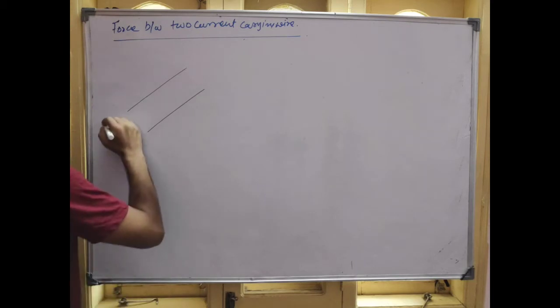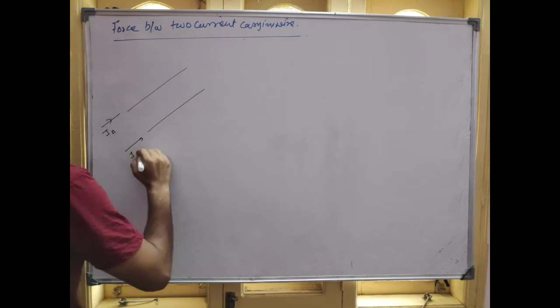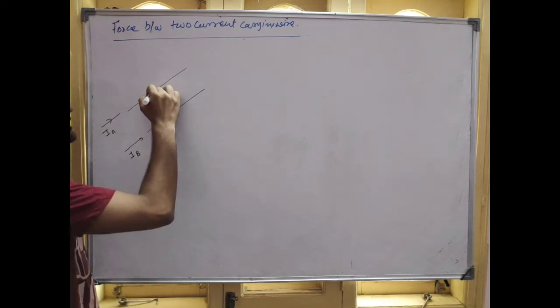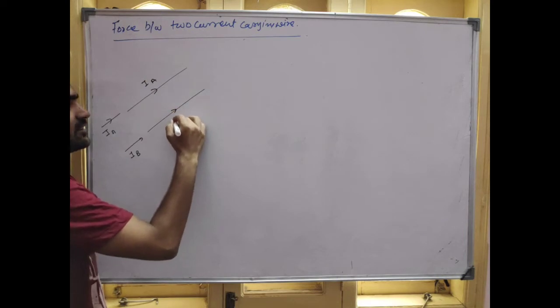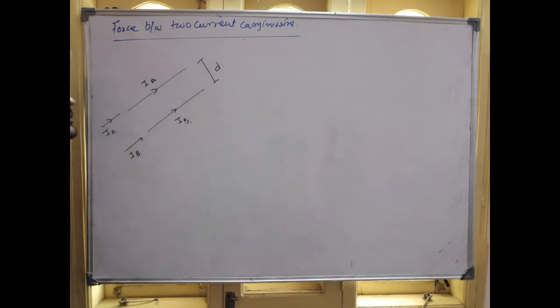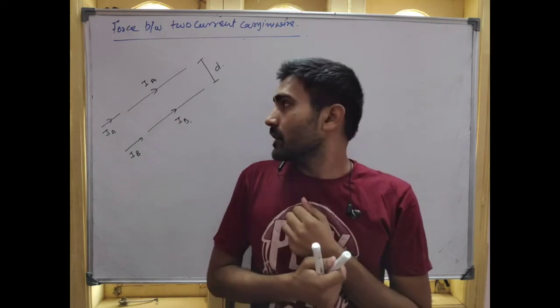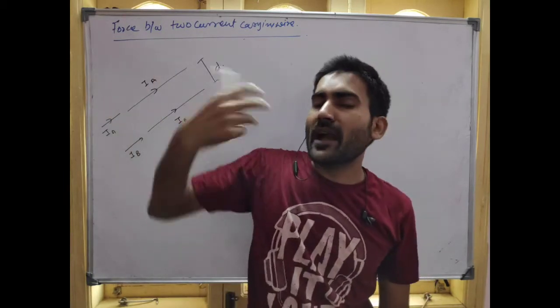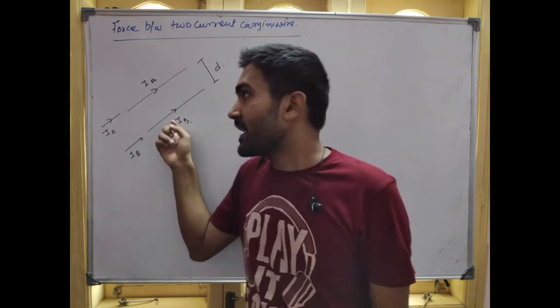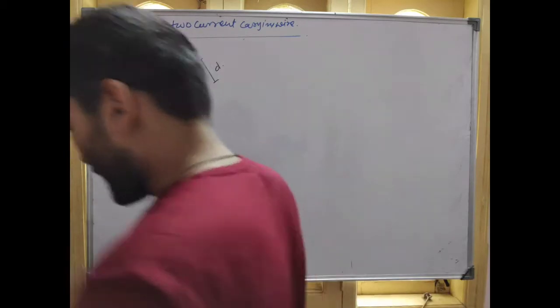This is IA, this is IB, meaning the current in this wire is IA and the current in this wire is IB, and they are separated by some distance, let's say D. Because both wires are carrying current, they will produce a magnetic field. IA will produce a magnetic field on IB, and IB will produce a magnetic field on IA. Let's see how they will produce the magnetic field.